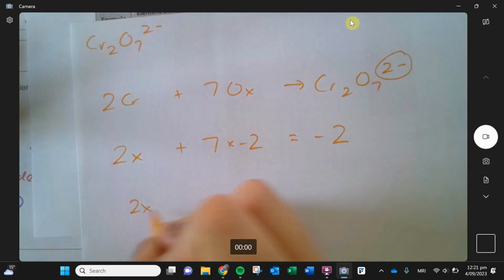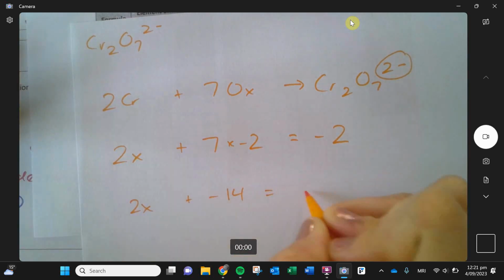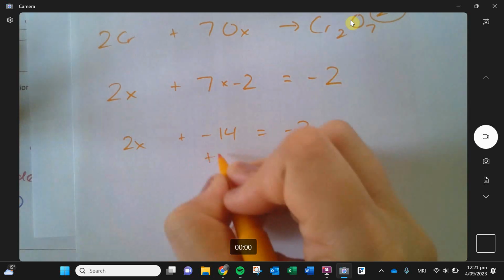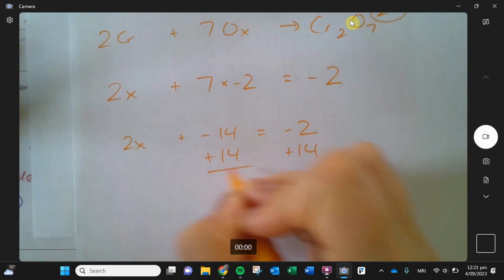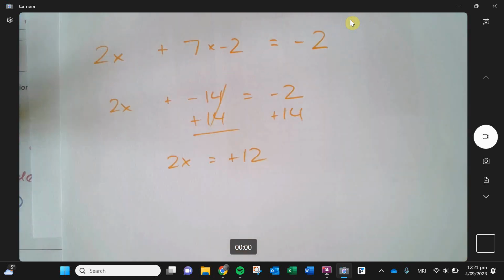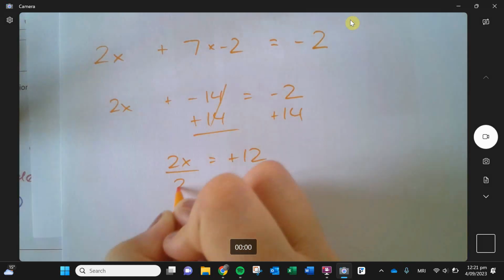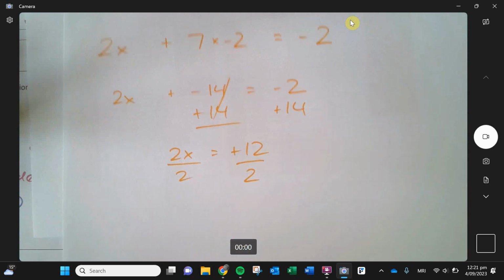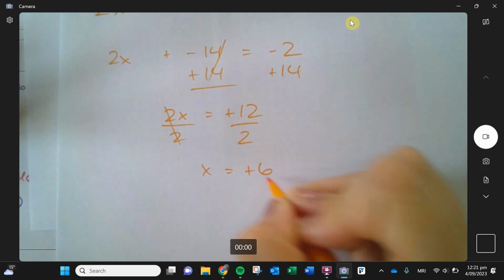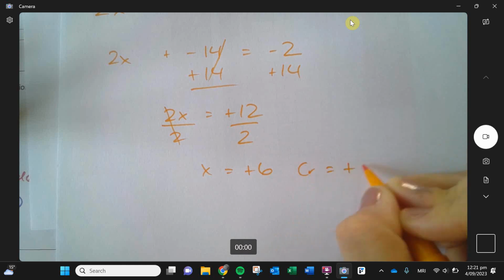All right, so I have 2x plus negative 14 equals negative 2. I add 14 to each side. That cancels out. I have 2x equals positive 12. Then I divide by 2. 2 cancels out. X equals positive 6. So the chromium is positive 6.